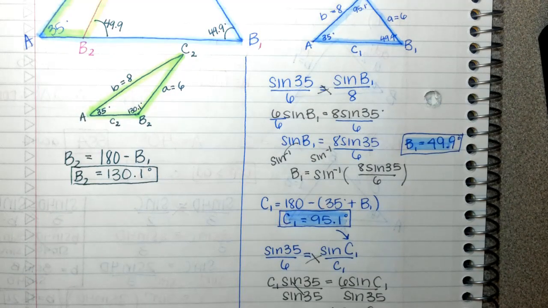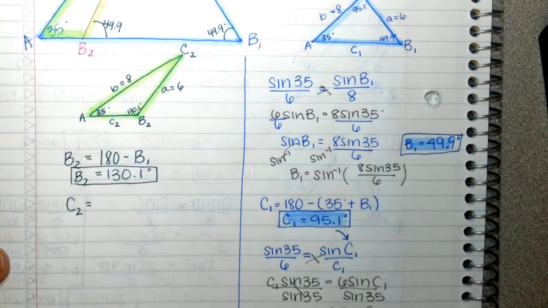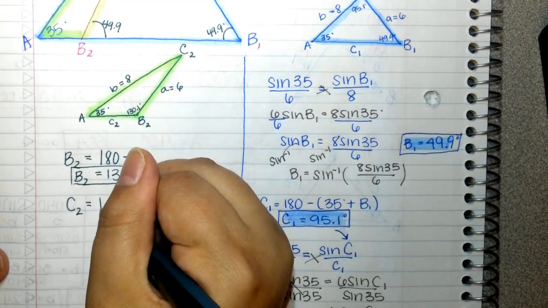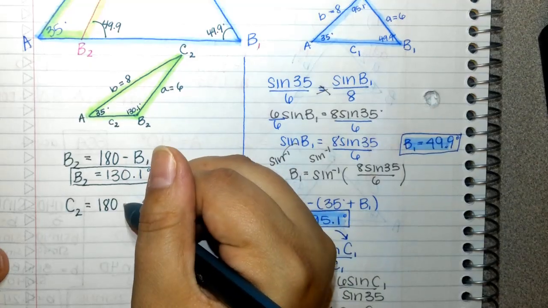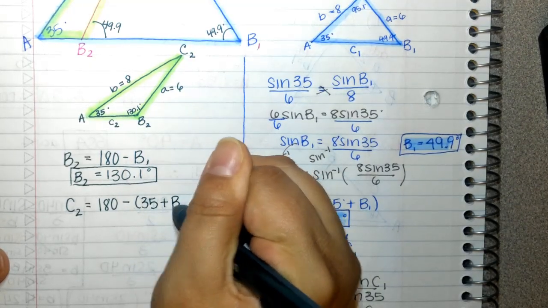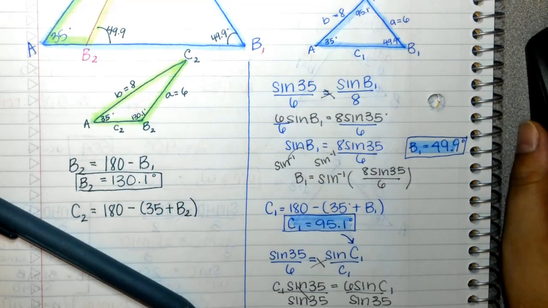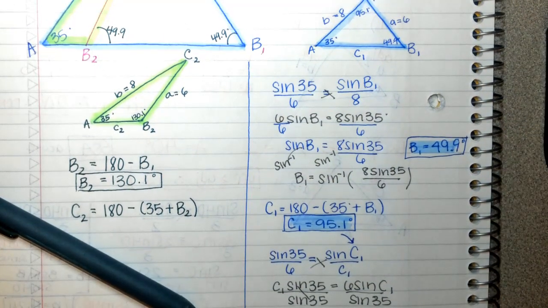Now I can find C2. Angle C2 is what? Add them together and subtract from 180. 35 plus B2 is... And again, some of you are like, can I just put the numbers, Miss Olivares? Yeah, sure.